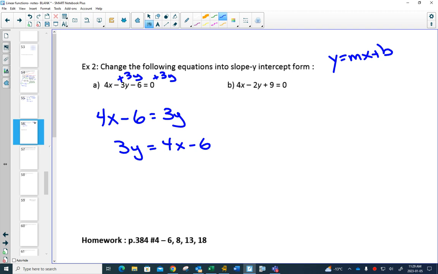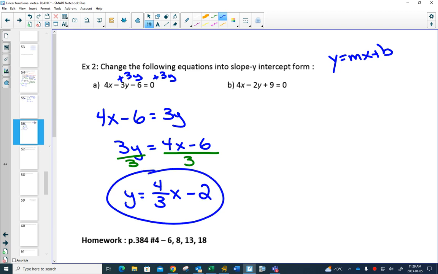Then, if I wanted to get the y by itself, I would need to divide by 3. So I have to divide the left side by 3, and I have to divide the whole right side by 3. If I divide the whole right side by 3, the 4x would get divided by 3, and the 6 would get divided by 3.